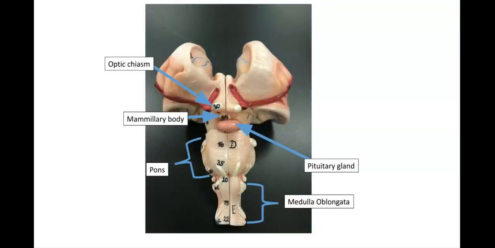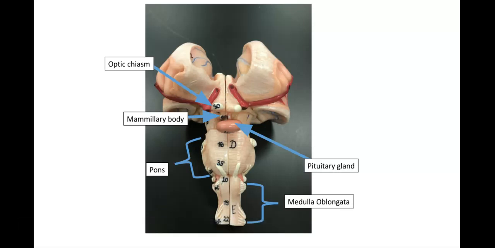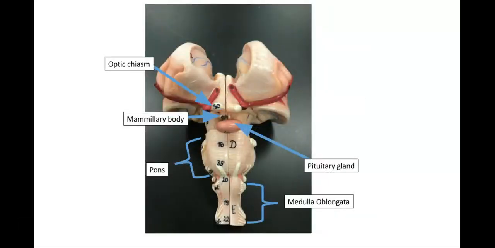Here is, again, sort of what that looks like. You've got something called the optic chiasma. This is on the flip side of this. If we turn it, you've got the optic chiasma responsible for your eyesight reflexes. You've got something called a mammillary body.